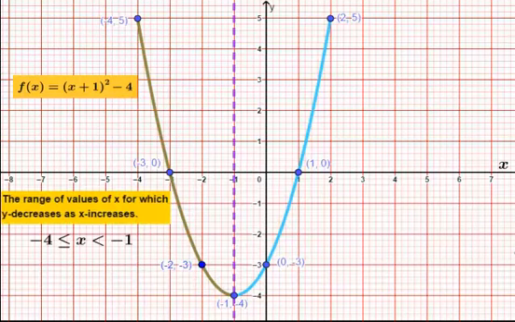So, if you are asked to write the range of values of x for which y decreases as x increases, then it would be that of the left-hand side of this diagram when it opens upward.